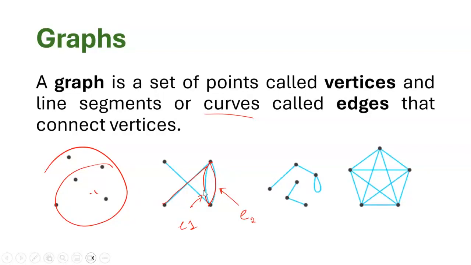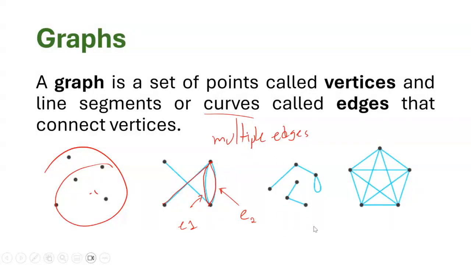This is an example of multiple edges. Multiple edges connect the same vertices, so these are multiple edges because they connect the same vertices.